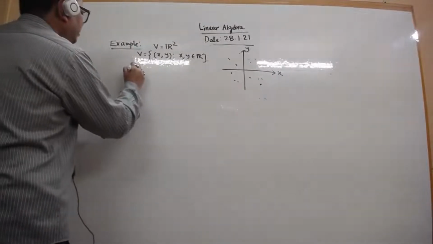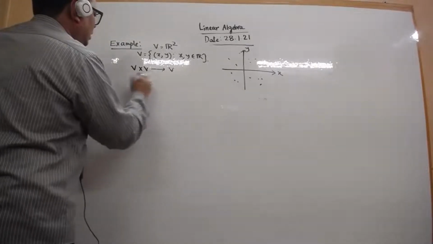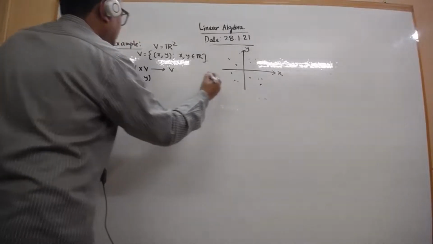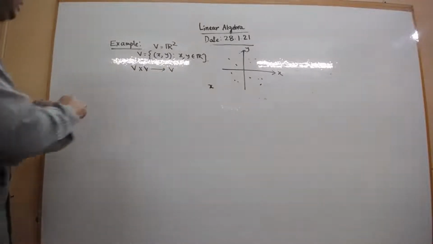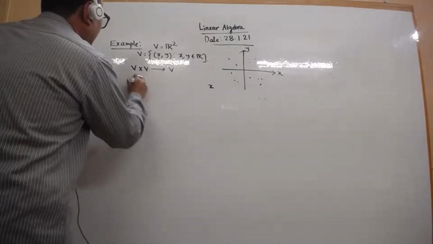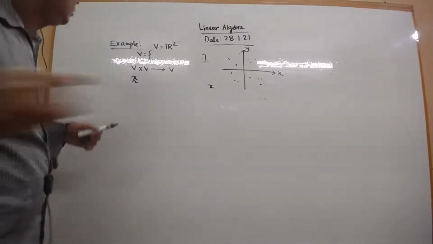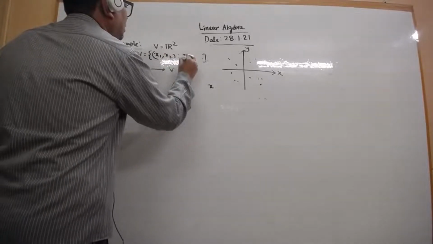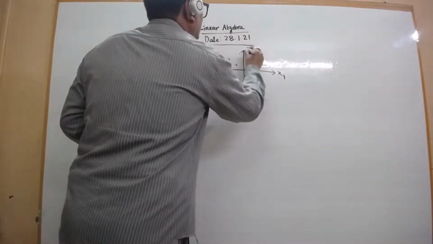Now I define addition, where I think it is better to write x as (x1, x2) belonging to R. This is x1, this is x2.